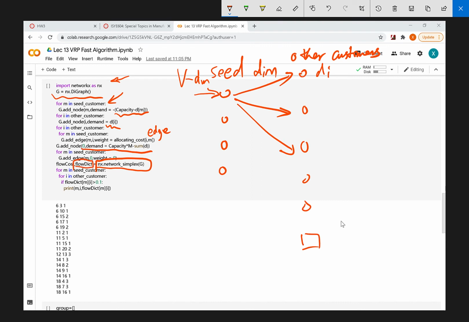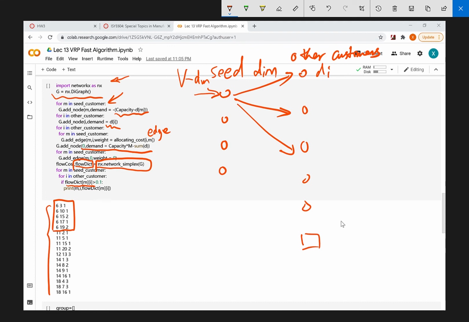Here, after we solve this problem, we can print it out. You can see this is a pretty fast algorithm, and center node 6 will be grouped together with customers 3, 10, 15, 17, 19, together with their demand.